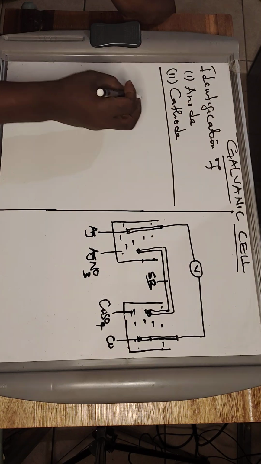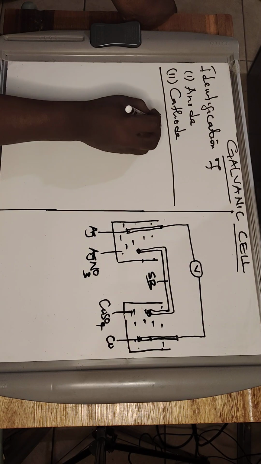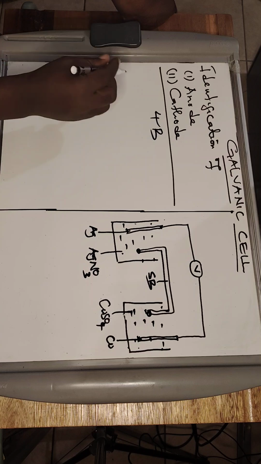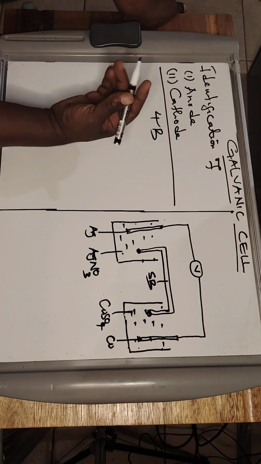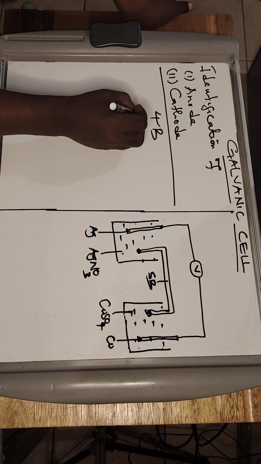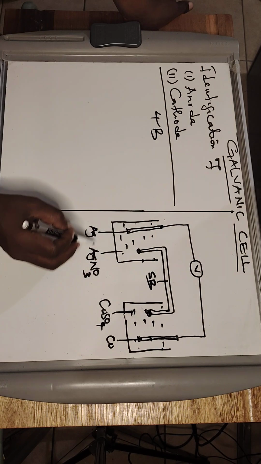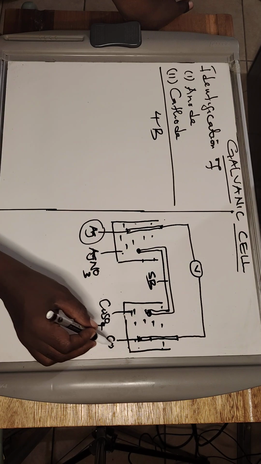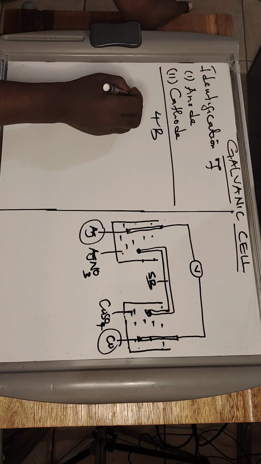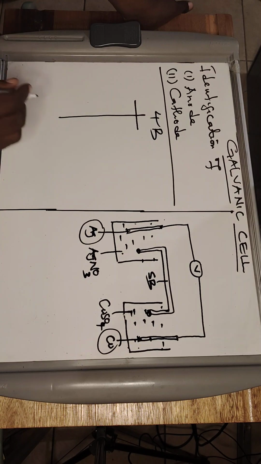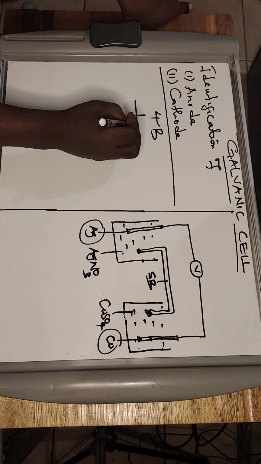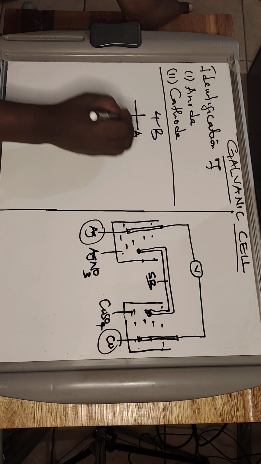What you do, you go to table 4B. It's one of the tables which we normally use. It's the most commonly used one compared to 4A. Now, in table 4B, you look at these two elements which are under consideration, and the one which comes first is the anode.